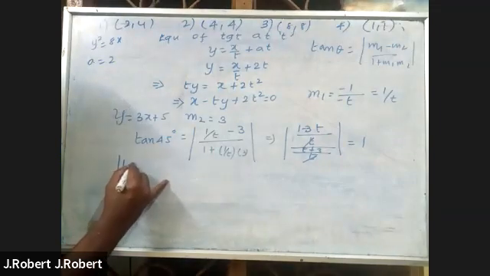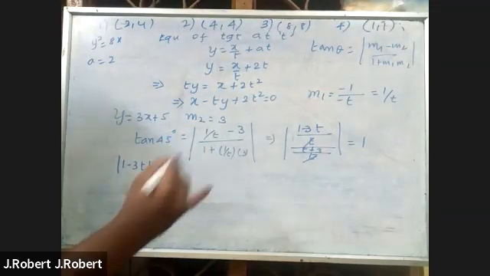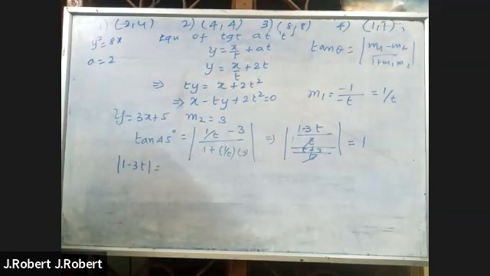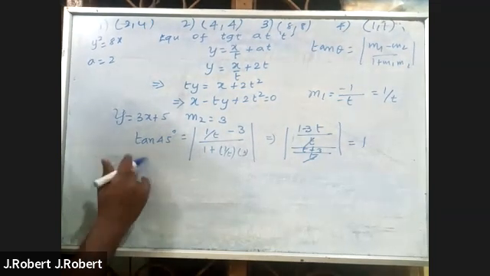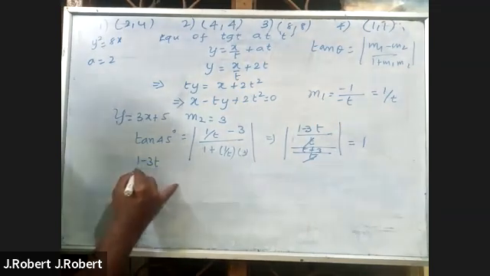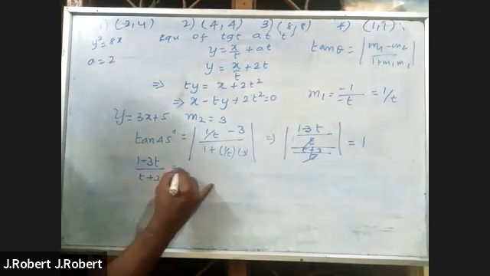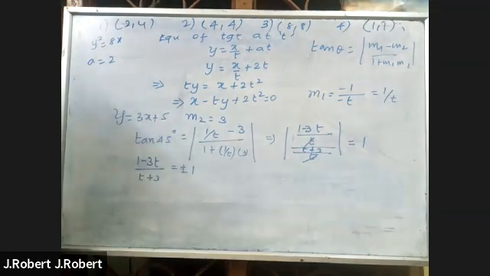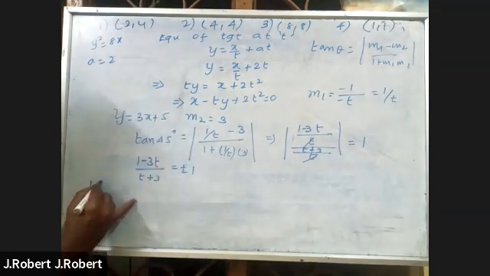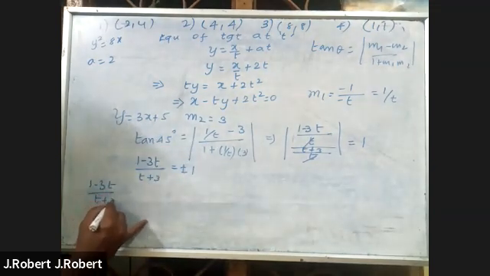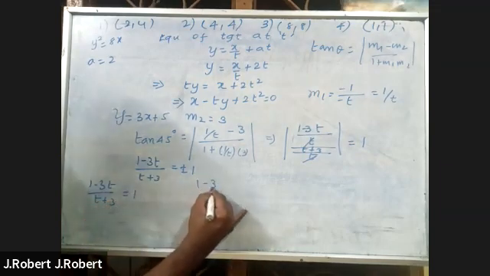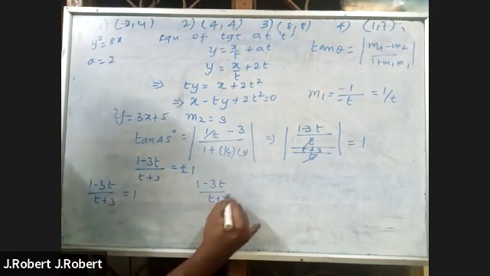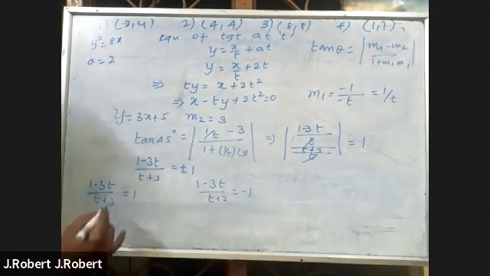Now look, 1 minus 3t is equal to 1, taking modulus of t plus 3. Then, to take the modulus outside, (1 minus 3t) by (t plus 3) is equal to plus or minus 1. It will be plus 1 or minus 1. So (1 minus 3t) divided by (t plus 3) is equal to 1, or (1 minus 3t) divided by (t plus 3) is equal to minus 1. So simplifying, we'll get two values for t.